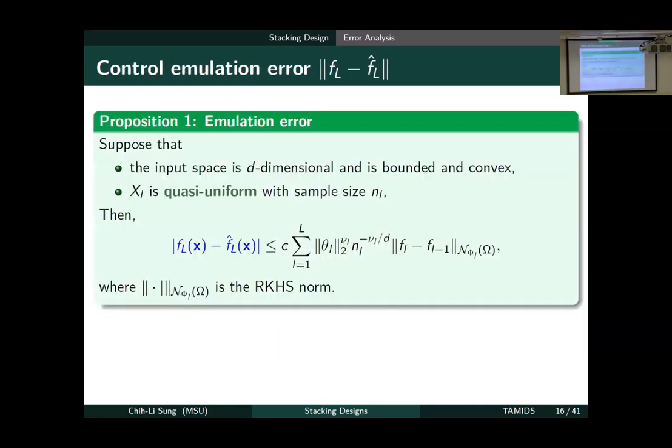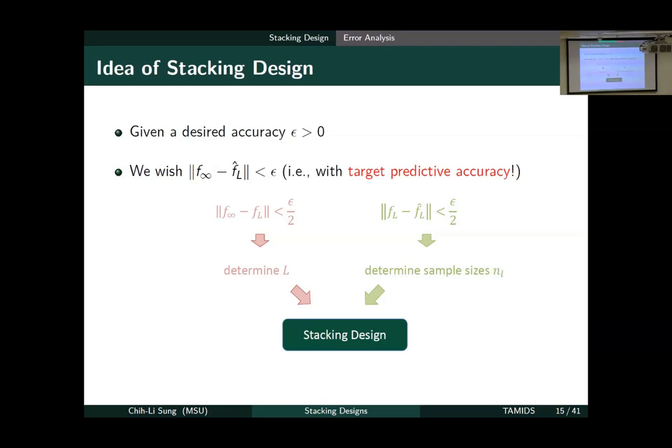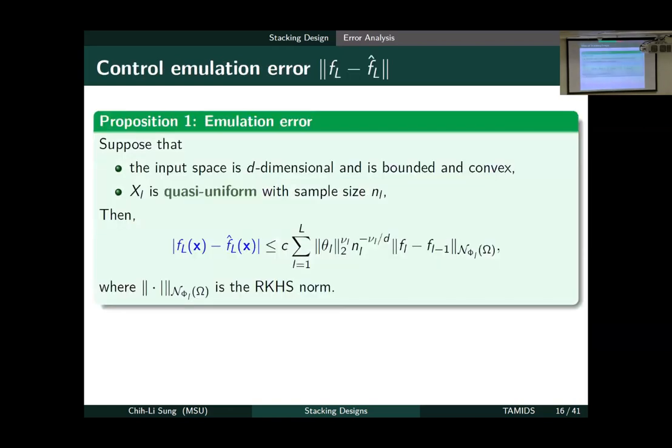All right. So let's first talk about how we control this emulation error so that we can determine this sample size. That relies on this proposition. We first show that this emulation error can be bounded by this upper bound. Suppose that this input space is d-dimensional, bounded and convex. We assume the design for each fidelity level, for each simulation, is constant uniform.